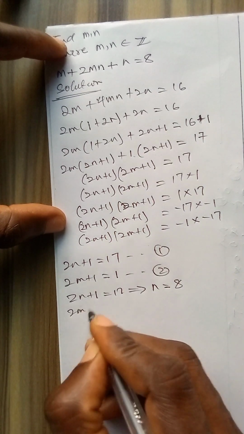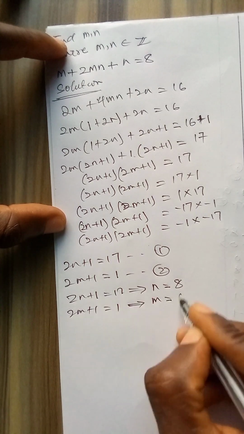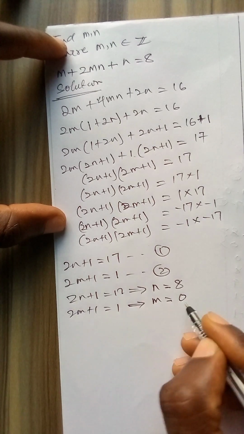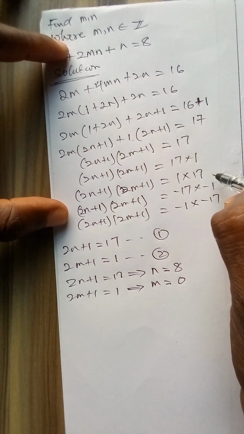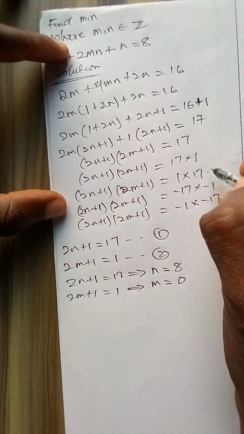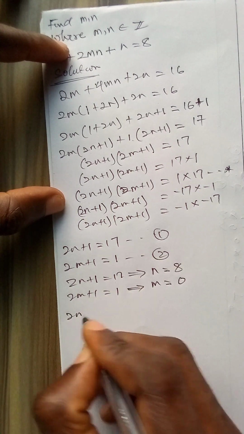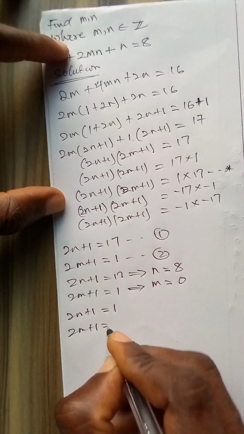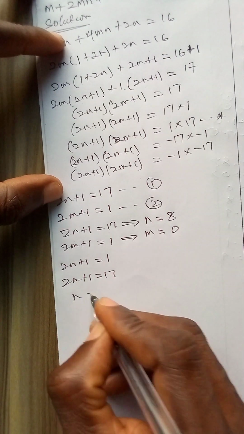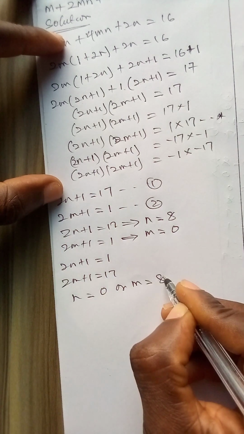And then 2m plus 1 is equal to 1 implies that m is equal to 0, because 1 minus 1 is 0, and 0 divided by 2 is 0. Now, if we do the same thing for the next case, 2n plus 1 is equal to 1, and then 2m plus 1 is equal to 17. Let us solve this. It becomes n is equal to 0 and m is equal to 8.